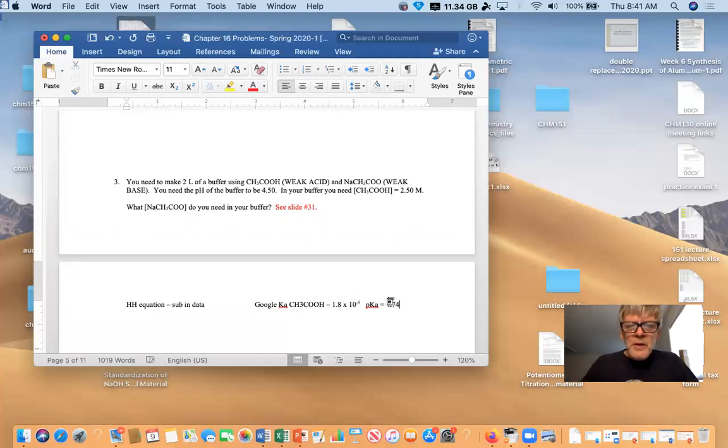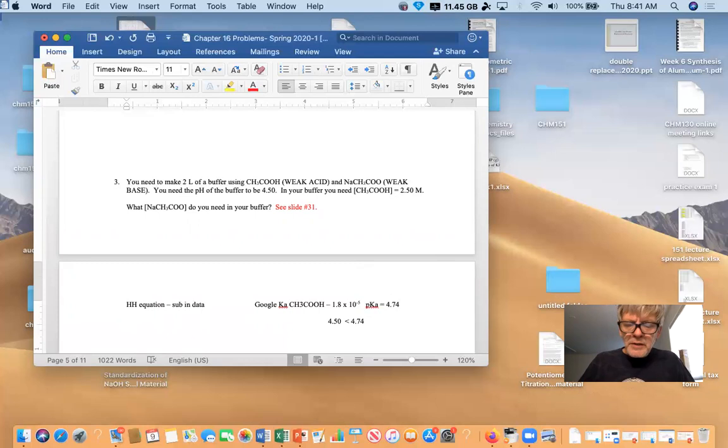Okay. Notice how the pH that we want is more acidic than this pKa. What that says is, notice how the 4.5 is less than the 4.74.